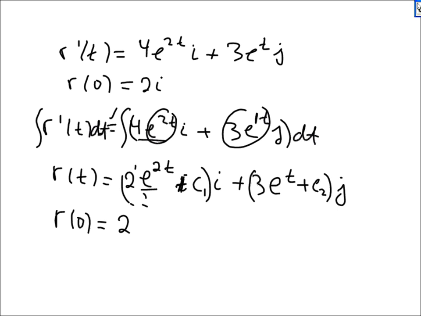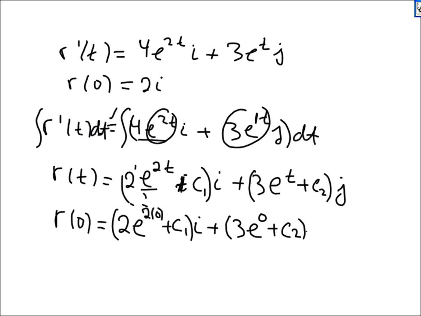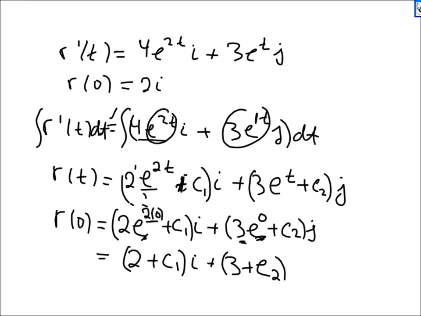On one hand, it is 2 times e to the 2 times 0 plus c1, times i, plus 3e to the 0 plus c2, j. Cleaning it up, 2 times 0 is 0, e to the 0 is 1, 2 times 1 is 2. So 2 plus c1, i, plus e to the 0 is 1, 3 times 1 is 3, plus c2. 3 plus c2 in the j direction.